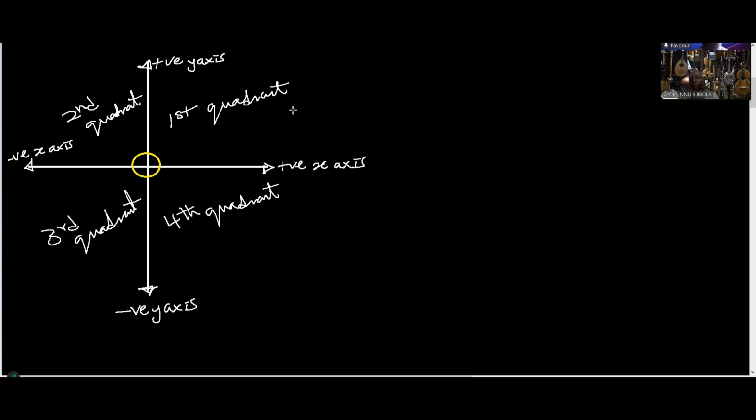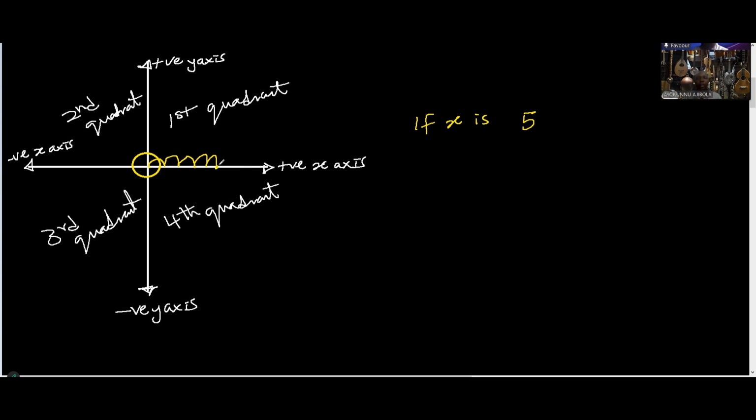Okay. Now, if x is 5, it means that x is not negative. They might not put positive 5, okay? That means wherever the marking is, one, two, three, four, five, maybe this is where x will be.